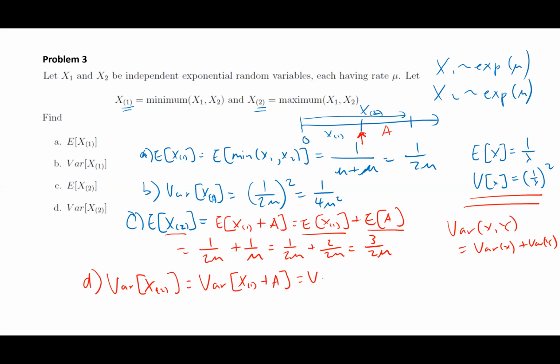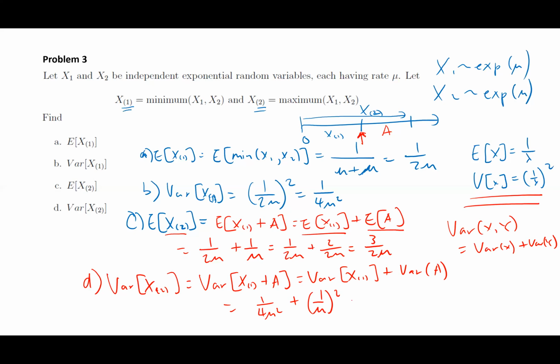This is going to be the variance of X1 plus the variance of A, which means this is going to be 1 over 4 mu squared plus the variance of A. The expected value of A is 1 over mu, so the variance of it is going to be 1 over mu, the entire quantity squared.